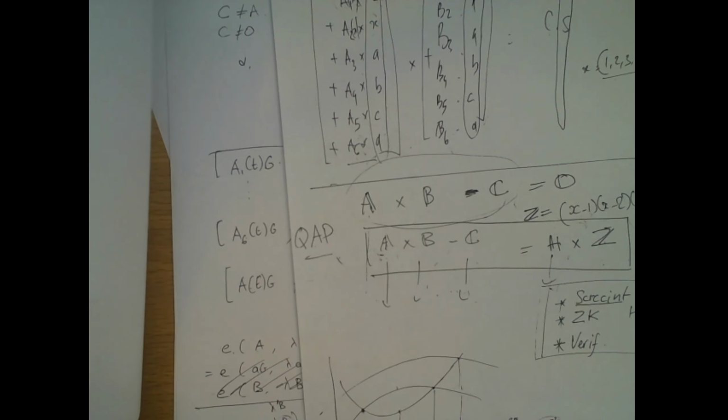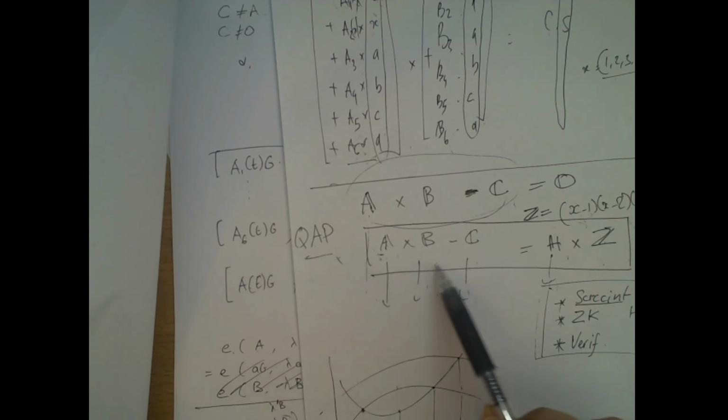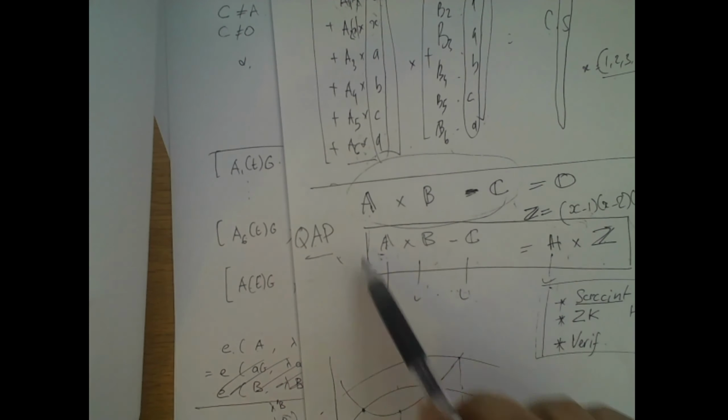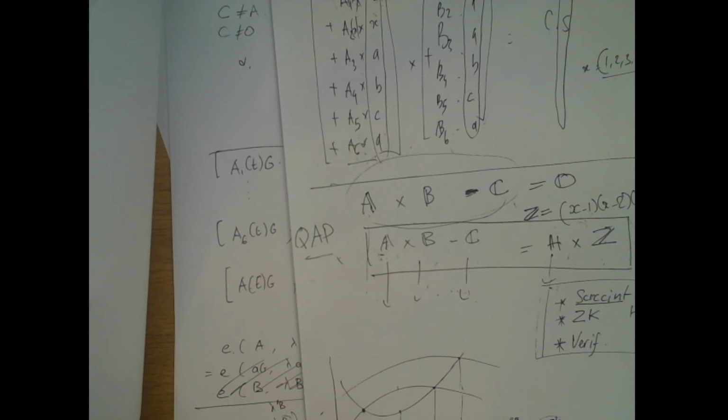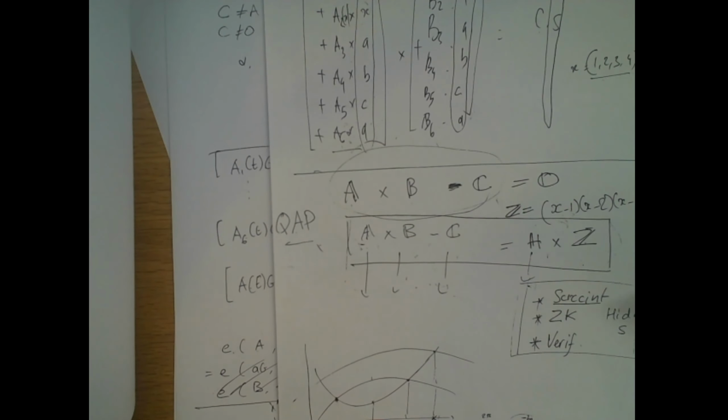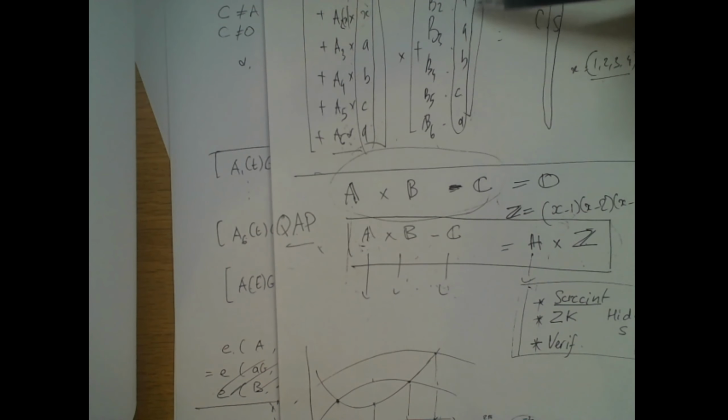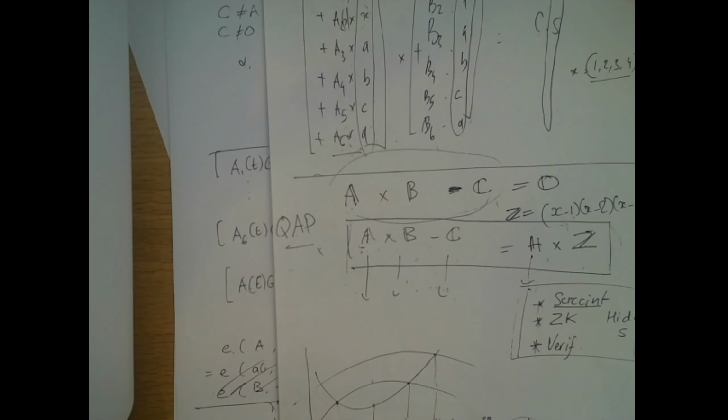Then the verifier verifies that these are indeed valid pairs through the pairing check. Then he verifies that this relationship holds true with another pairing check. And the last thing he has to do, which I forgot to mention, is that these linear combinations must be the same, right?